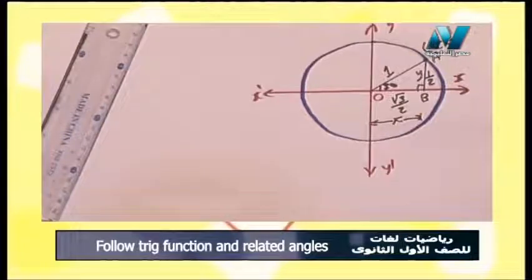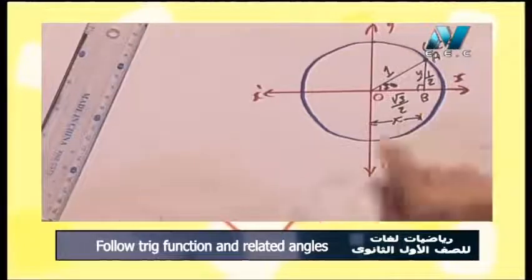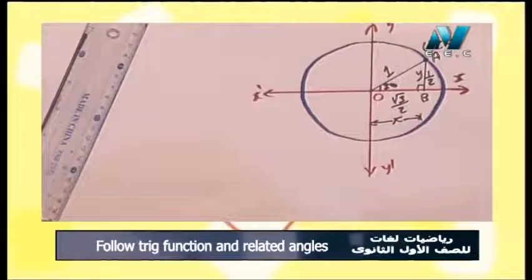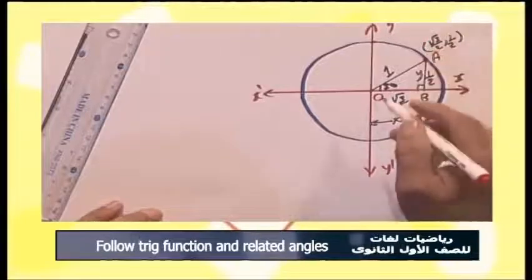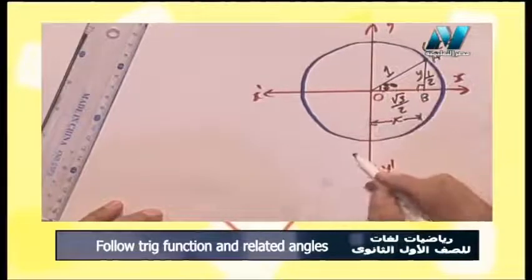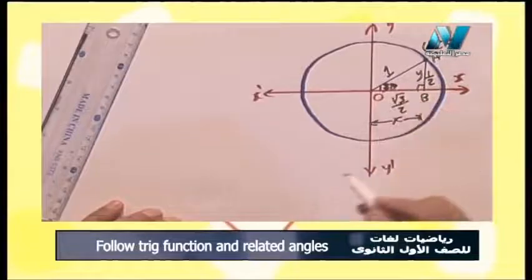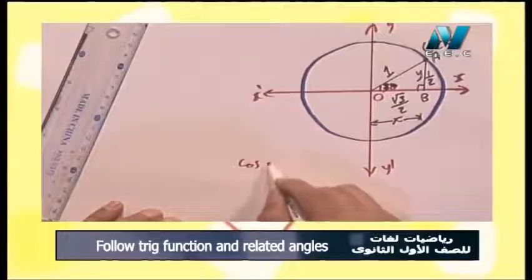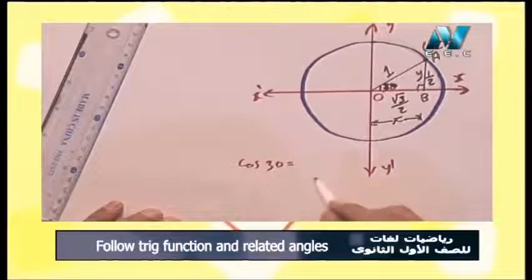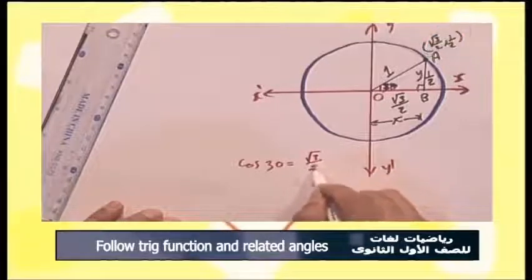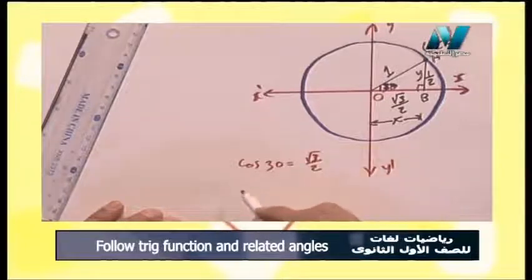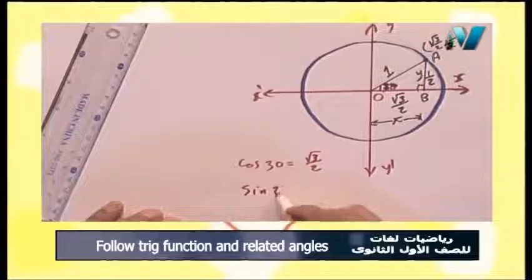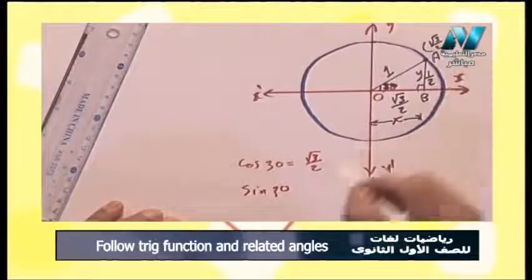And we have agreement that the x-coordinate will be cosine theta. Theta here is 30 degrees. So cosine 30 equals root 3 over 2. And sine 30 will be half.